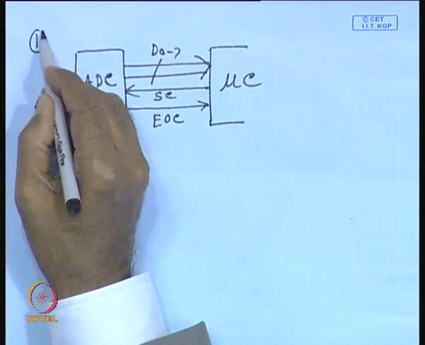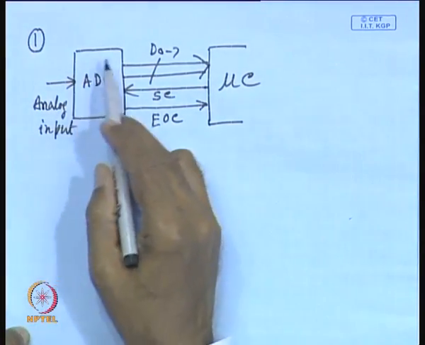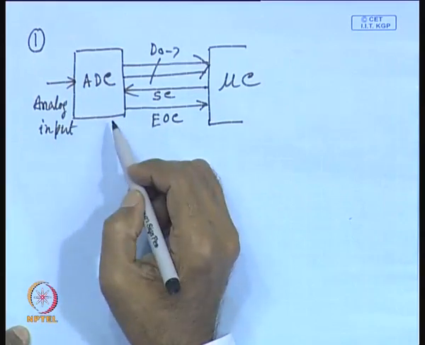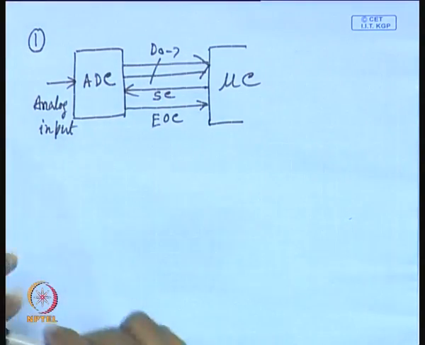In this particular approach, we find that the ADC function is implemented by hardware, and obviously you will require very few lines of software. That means a signal for start conversion, then a few lines of code for monitoring to see when the end of conversion signal is coming, then another one or two lines to read the data from the data bus.